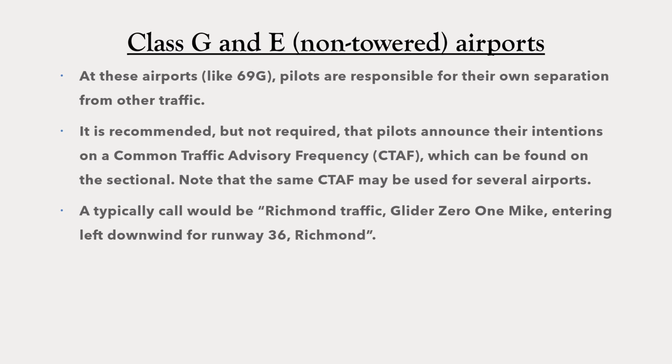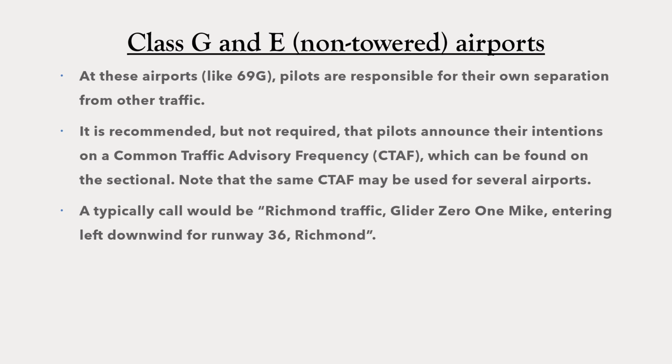And also knowing that you are a glider should tell them that you have right of way preference over them if they're operating a powered airplane. Then you say where you are. You're entering left downwind for 36.